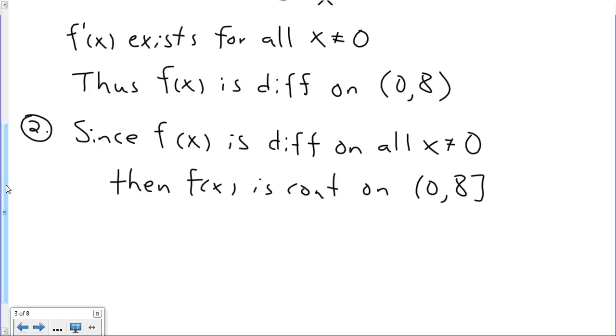Again, that's the part of the interval that I need to worry about. I don't need to worry about the rest of the domain of this function. But just from differentiability, I automatically get all but one point, the left endpoint.